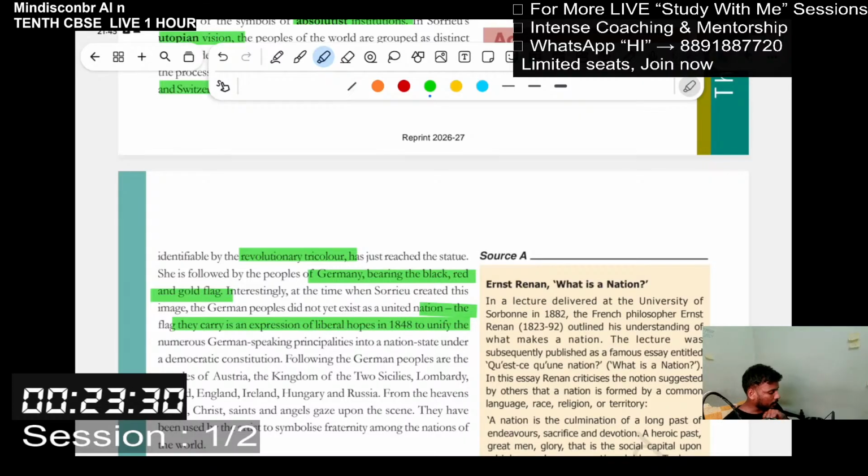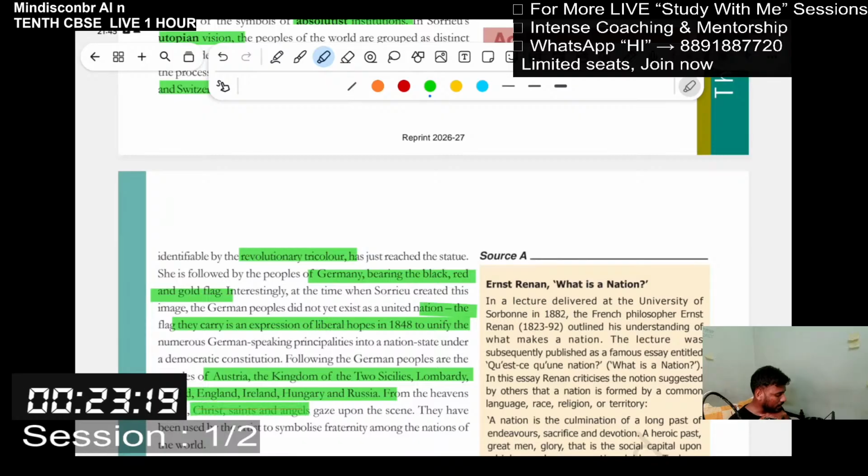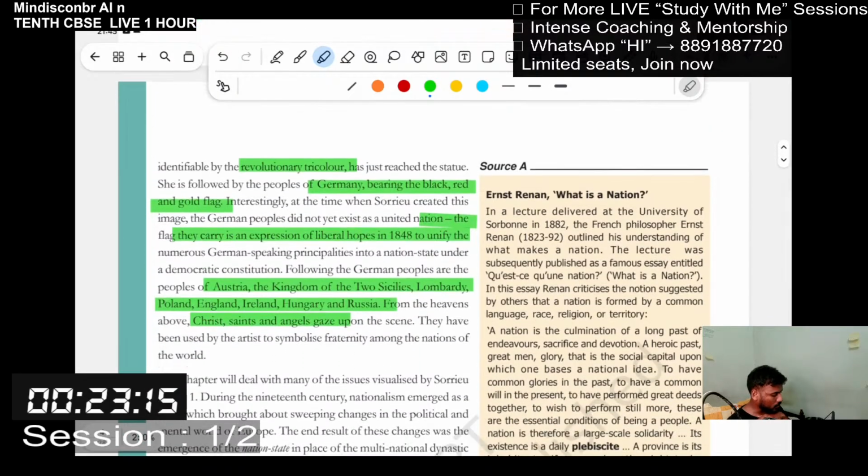Following the German peoples are the peoples of Austria, Kingdom of Two Sicilies, Lombardy, Poland, England, Ireland, Hungary, and Russia. From the heavens above, Christ, saints, and angels gaze upon the scene. They have been used by the artist to symbolize fraternity among the nations of the world.